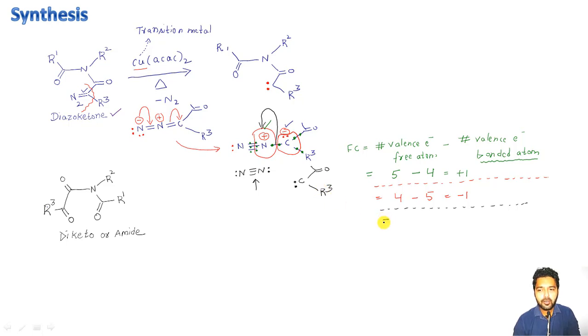Now if we try to calculate the formal charge, it will be what? It will be the number of valence electrons in the free atom, means 4, minus in the bonded atom, which are 1 2 1 2 here, and then the number of valence electrons in this bonded carbon atom are 1 2 3 and 4, giving me a 0 formal charge.